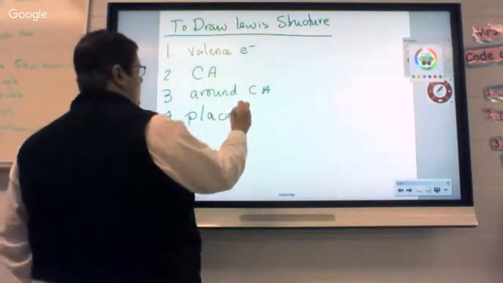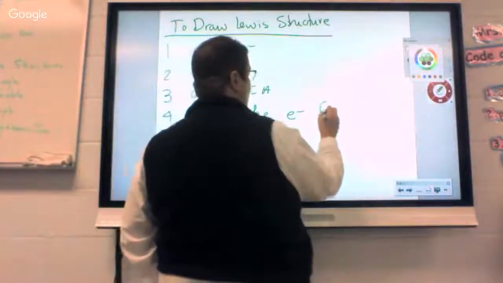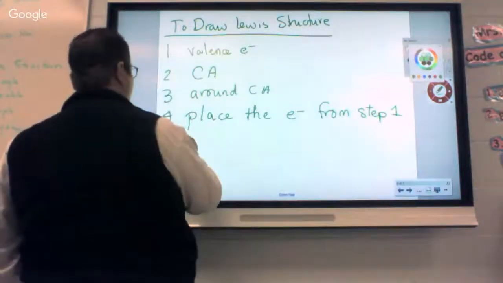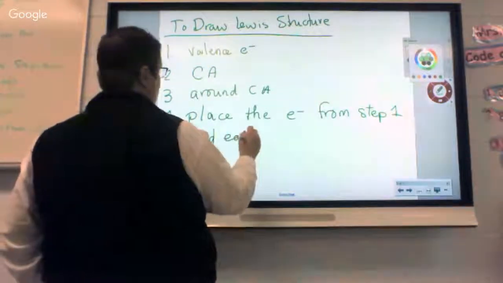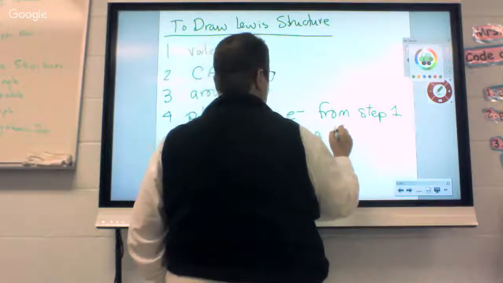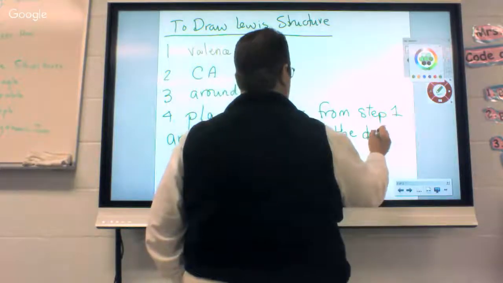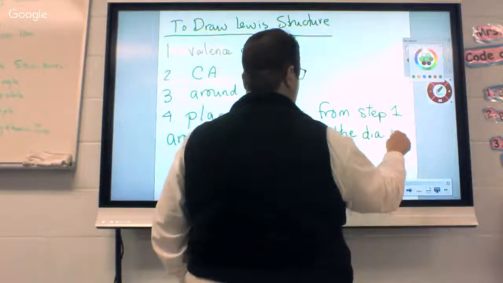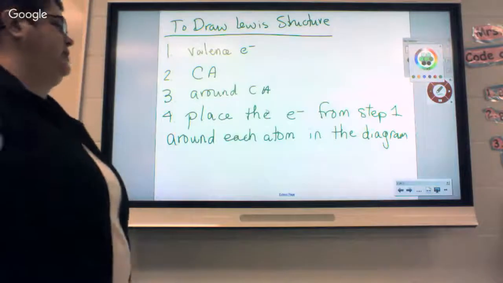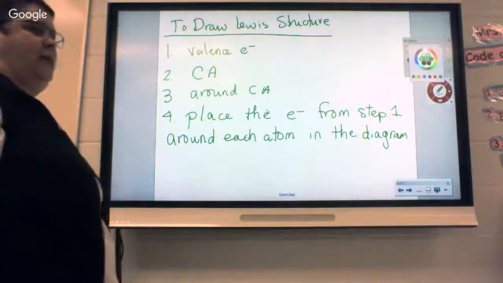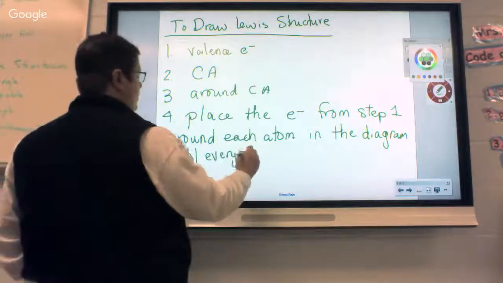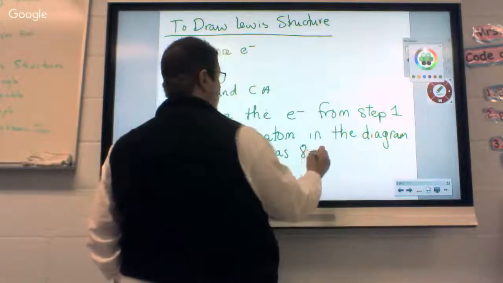Number four, place the electrons from step one around each atom in the diagram until everyone has 8 electrons.